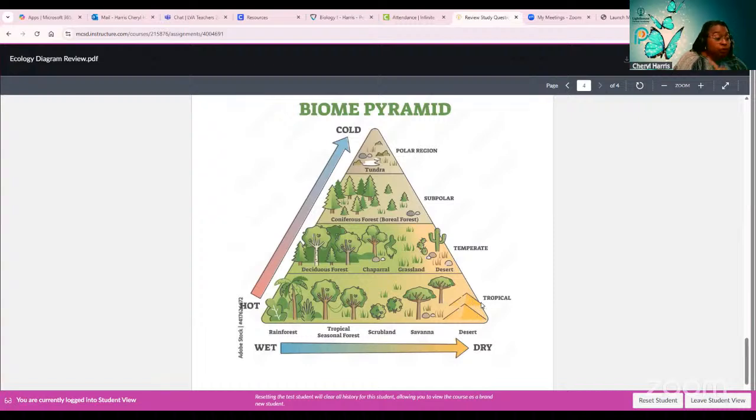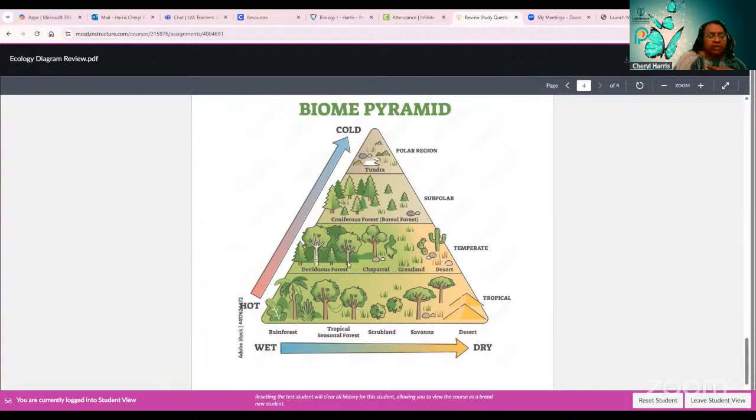This tropical desert is also on the hot end of the arrow, but it's also on the dry end of this arrow. So if I was describing a desert, I would say hot and dry. If I was describing a temperate desert, I would say kind of between hot and mild because it's a little further up on the arrow, but it's still dry.